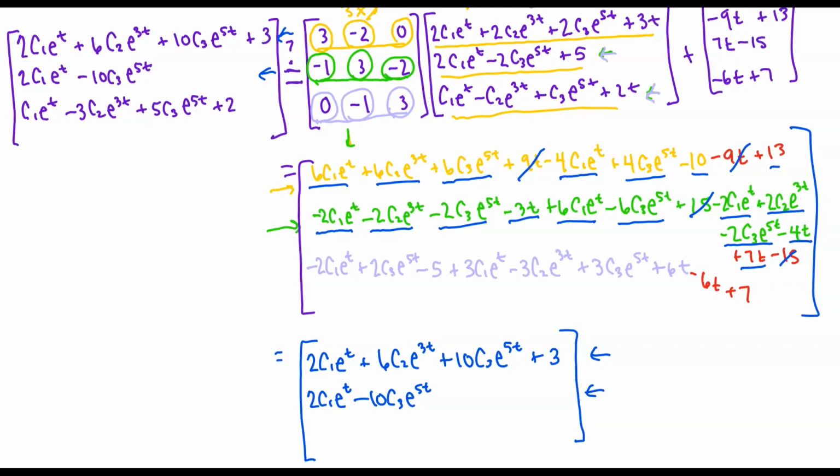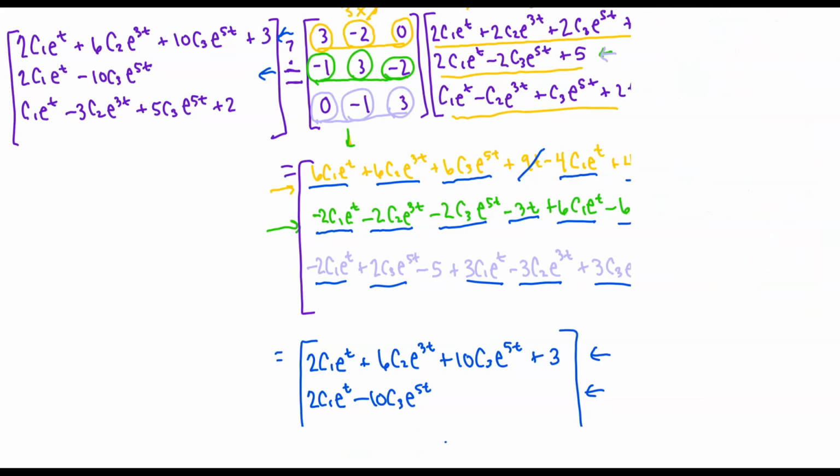We're almost there. We've got one more line to check. Combining coefficients of e to the t, we have negative 2c1 plus 3c1. That gives us c1 e to the t. Coefficients for e to the 3t, looks like we just have one term here, minus 3c sub 2 e to the 3t. Combining coefficients of e to the 5t, we have 2c3 plus 3c3.